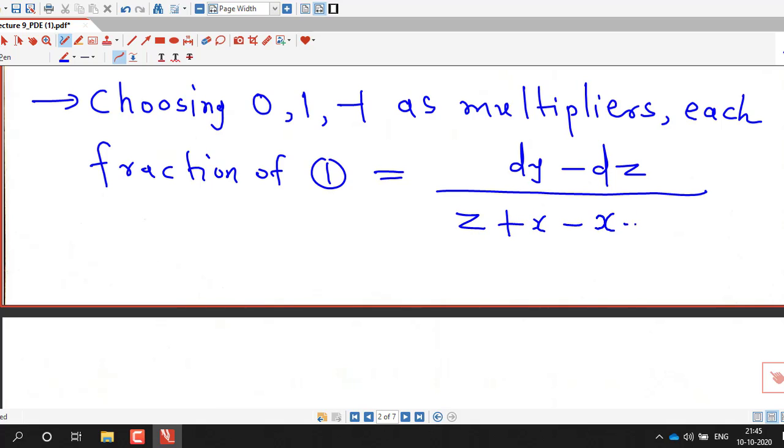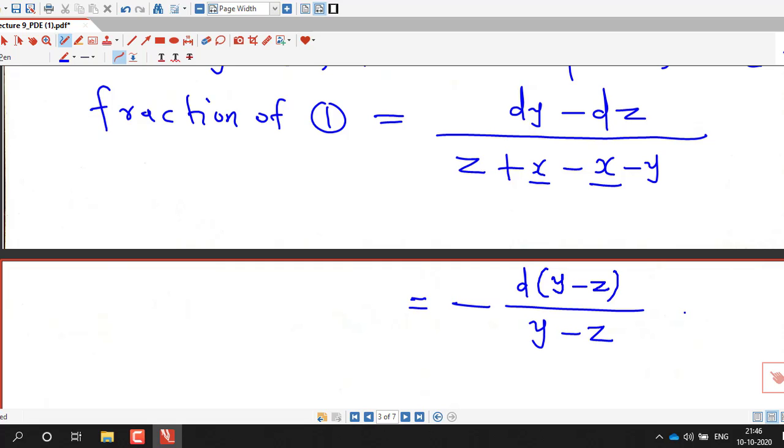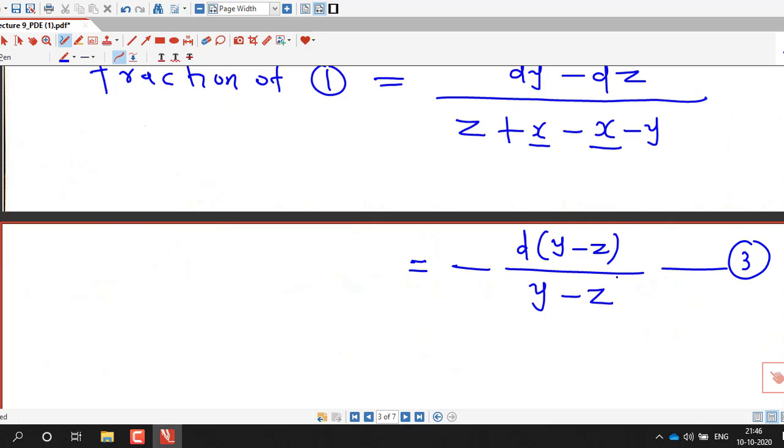Minus x plus y, that will be minus x minus y, and this we can rewrite as x will cancel out, and we have z minus y, that I rewrite as negative of y minus z, and dy minus dz can be written as d of y minus z. So this is suppose third fraction. So here also numerator is exact differential of the denominator.